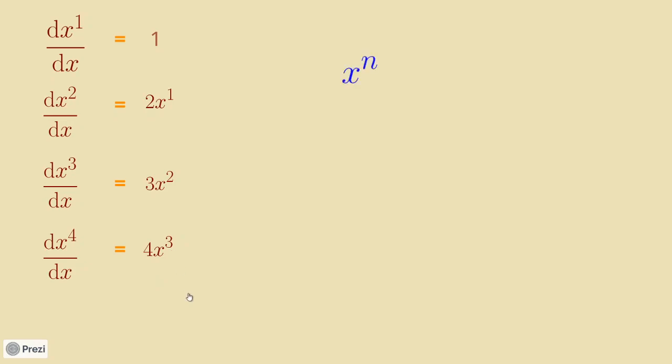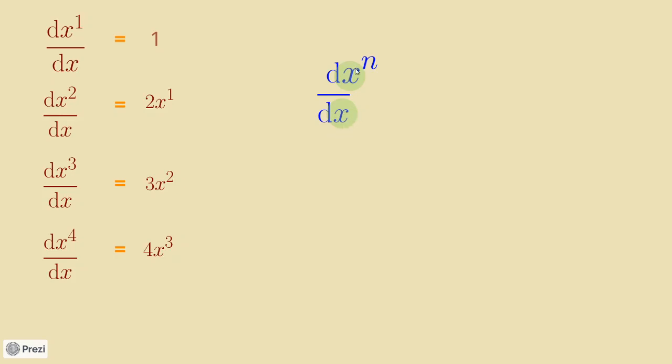X to the power n, n could be any real number. Okay, n could be any integer, any rational number, no problem. It could be any real number. Now x to the power n, if I differentiate it, so d by dx of x to the power n is, and by the way, you should make sure that the variable which I am differentiating with respect to is the variable which is in the function.